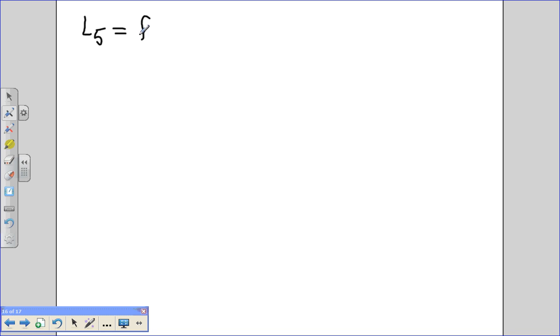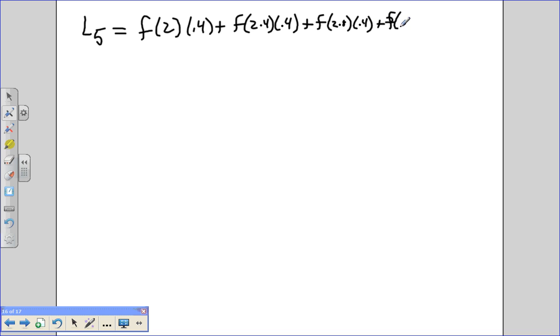So now it's going to be f of 2 times 0.4 plus f of 2.4 times 0.4 plus f of 2.8 times 0.4 plus f of 3.2 times 0.4 plus f of 3.6 times 0.4.